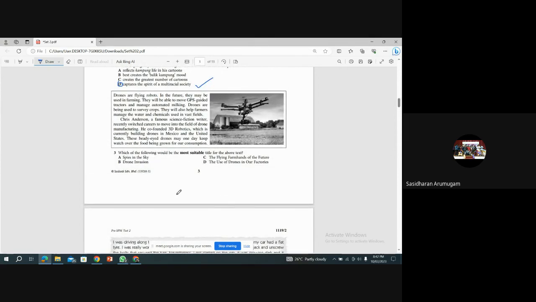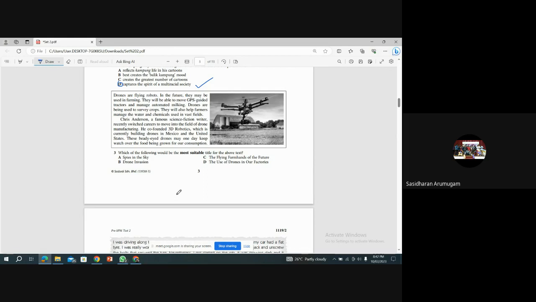Number three. Drones are flying robots. In the future, they may be used in farming. They will be able to give GPS guided tractors and manage automated milking. Drones are being used to survey crops. They will also help farmers manage the water and chemicals used in the vast fields. Chris Anderson, a famous science fiction writer, recently switched careers to move into the field of drone manufacturing.